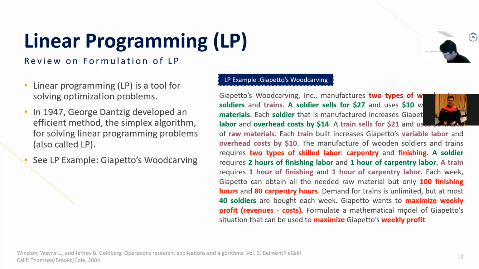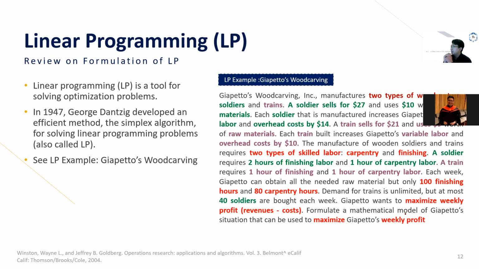Geppetto's manufactures, in a simplified case, two types of wooden toys, in the form of soldiers and in the form of trains. It is known that a soldier can be sold at $27, but it uses $10 of raw materials.